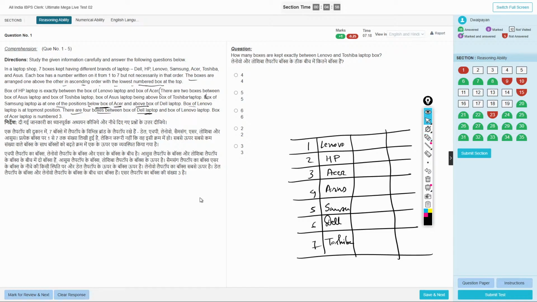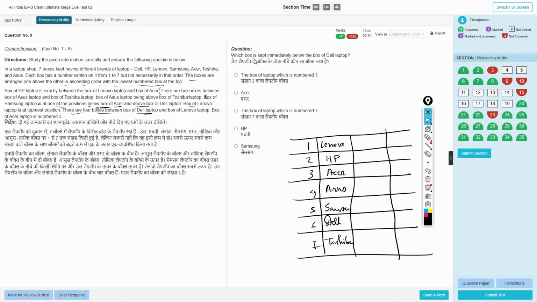Yes. How many boxes are between Lenovo and Toshiba? So 5 boxes. HP's box number is 2. Which box is kept immediately below Dell? Toshiba, or 7th. Which box is kept exactly between HP and Asus? Acer. 5th number box is Samsung.